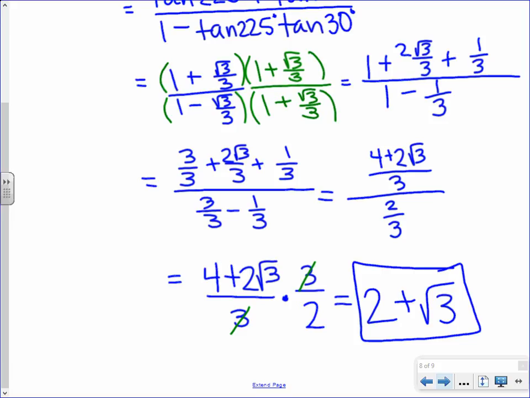Now, your homework is some book work. And we have a quiz tomorrow. So our solving equations from yesterday will be on the quiz, as well as this. I'm not giving you a review. Your review is the worksheet that you did last night and then the homework that you're going to do right now.